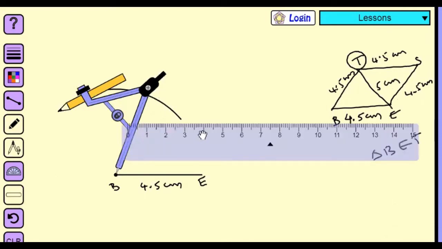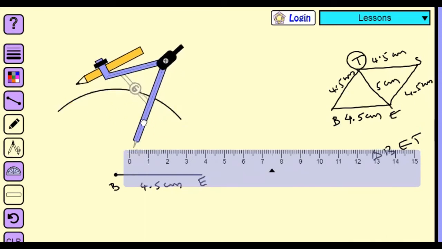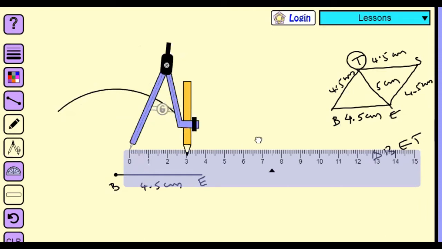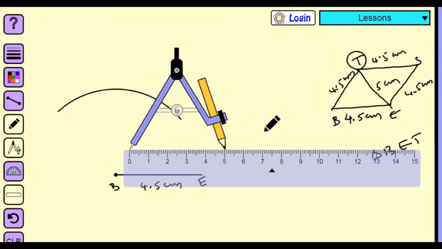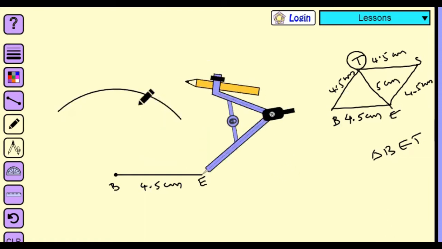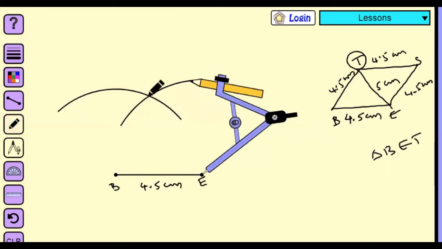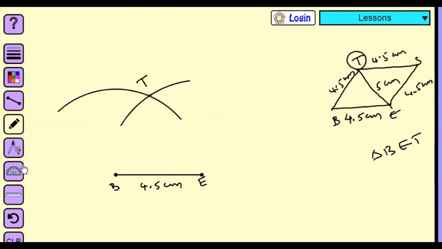Now take the ruler and take the compass radius as 5 centimeters. And with E as the center, draw another arc which cuts the previous arc at point T. Now join B to T and E to T to get the triangle BET.